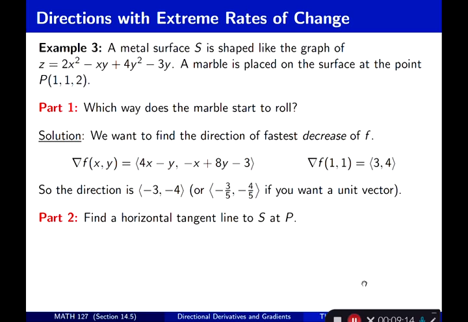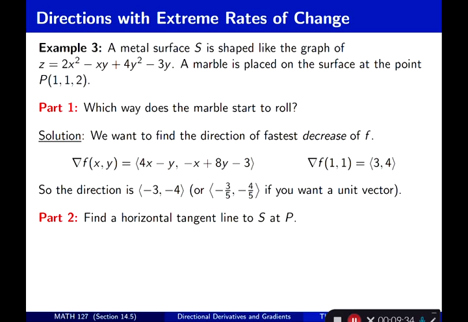Part 2: find the horizontal tangent line to S at P. The horizontal tangent line is the direction in which the directional derivative is 0.